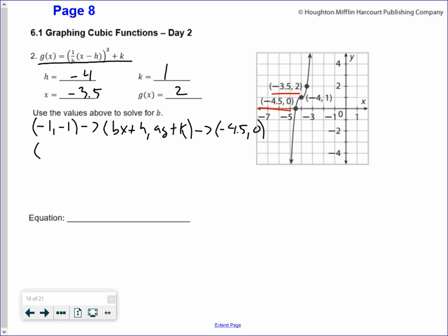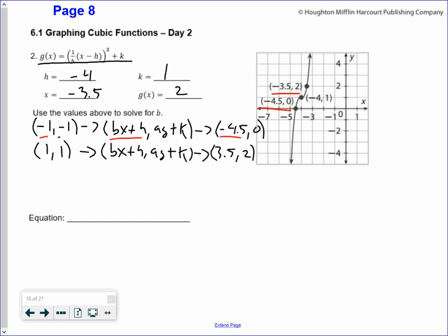I'm not going to write that down. You should know that. The reference point 0, 0 gives me my h, k of negative 4, 1. And my other reference point of 1, 1, when I put that into bx plus h as well as ay plus k, gives me my other transformed point of negative 3.5, comma 2. So this is what I'm going to use, because when I put negative 1 into bx plus h, I get negative 4.5.